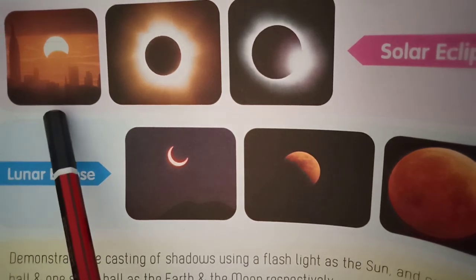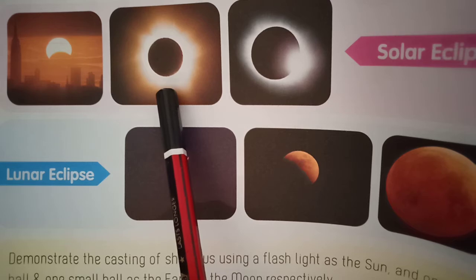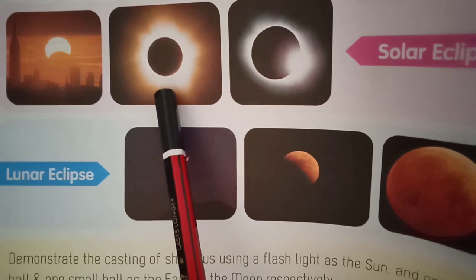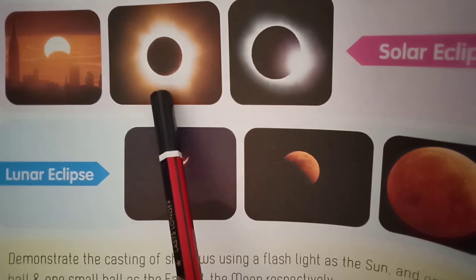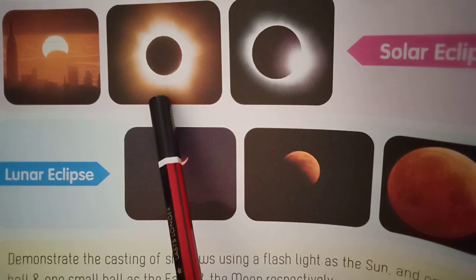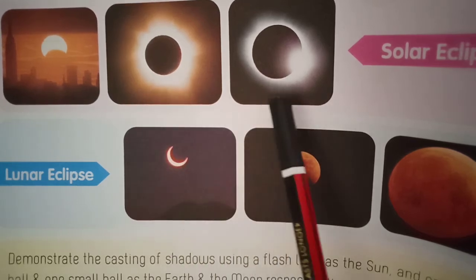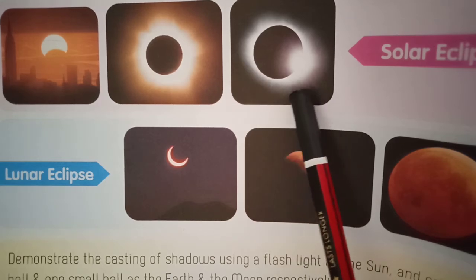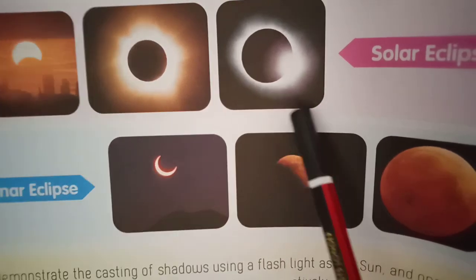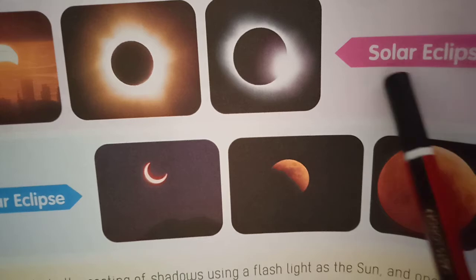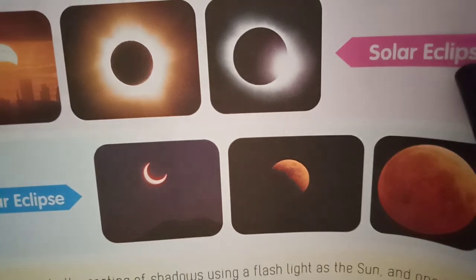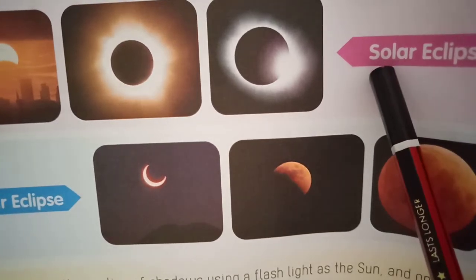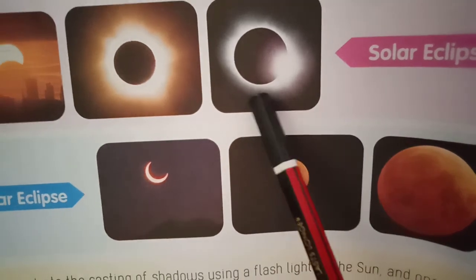In the second picture, the moon covers most of the sun and looks like a shining moon. See the last picture. The sun is much more covered by the moon, and this is called solar eclipse. Sometimes solar eclipses occur partially and sometimes completely.